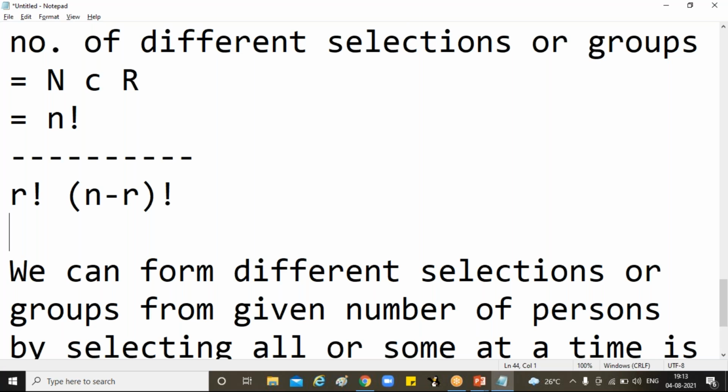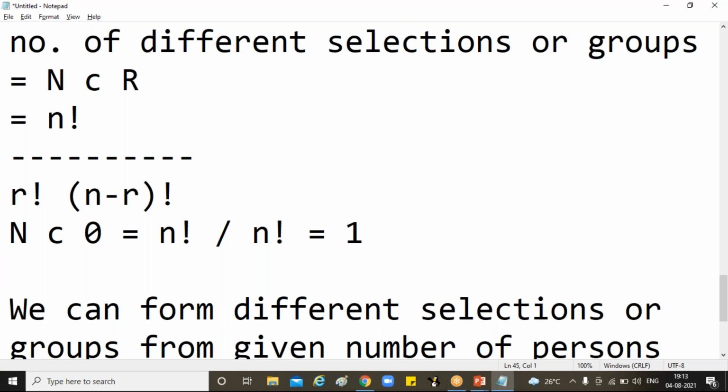So generally, what is the value of nC0? n factorial by 0 factorial into (n minus 0) factorial, means n factorial by n factorial. What is the value of nC0? 1. nCn is equal to n factorial by (n minus n) factorial, that is 0 factorial, into n factorial.